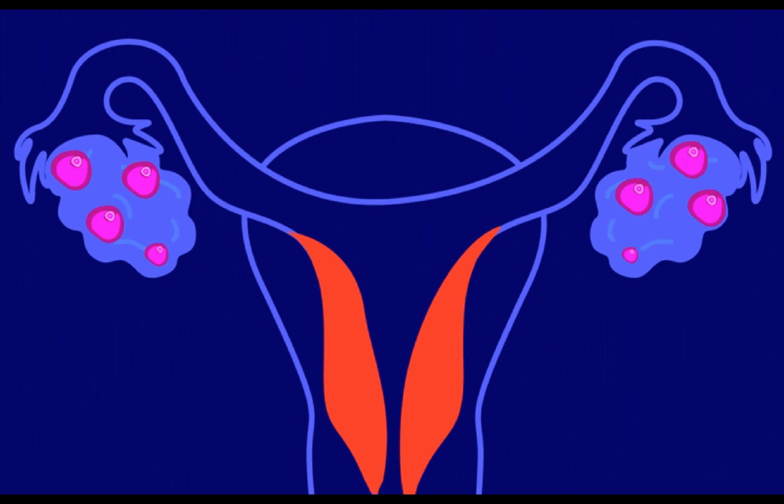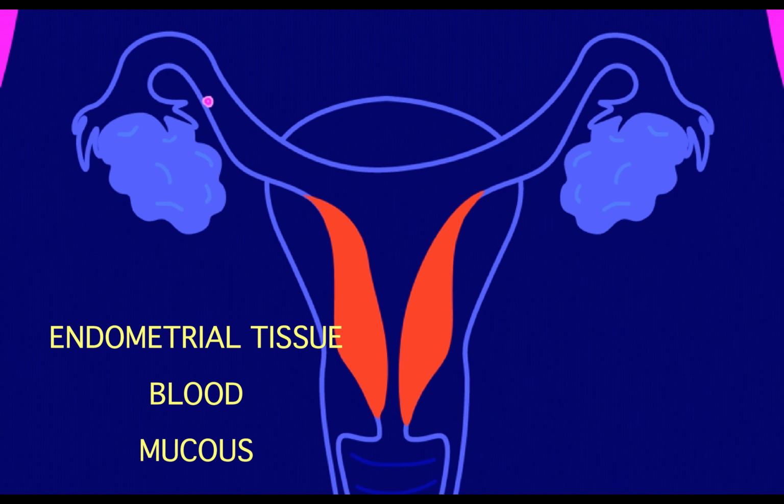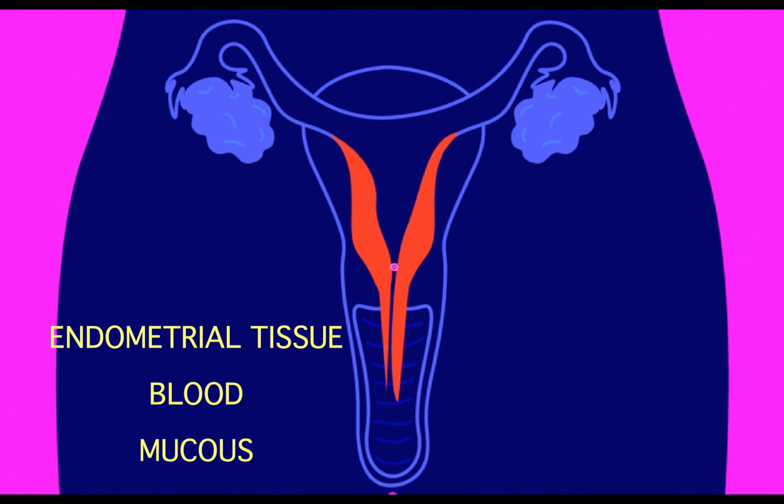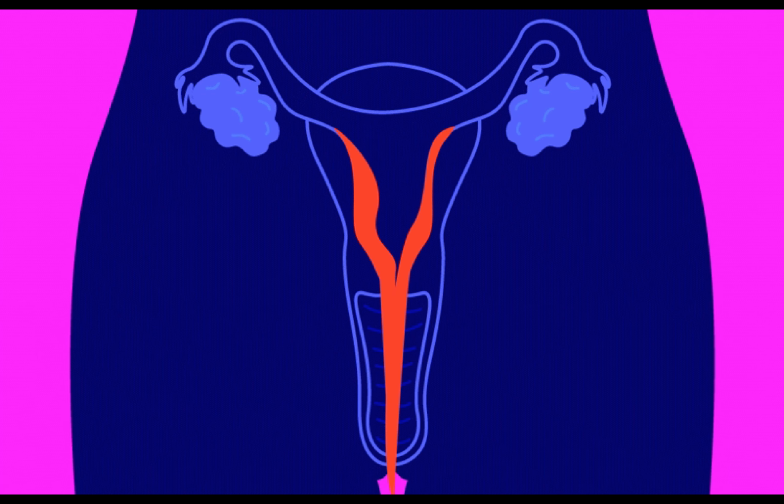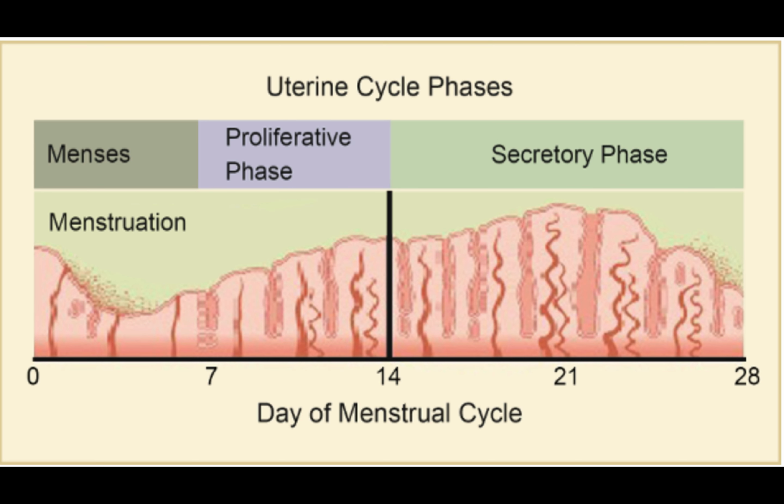That menstrual blood, children, will consist of endometrial tissue, blood, and also mucus. Now, this menstruation lasts for about 4 to 6 days. Then what will happen is that the endometrium once again in the uterus will immediately start to thicken again. Why?